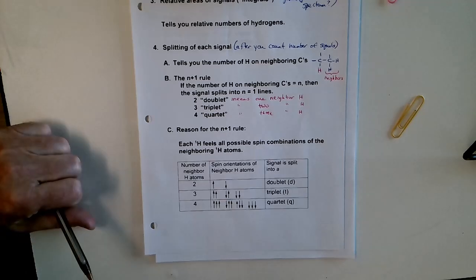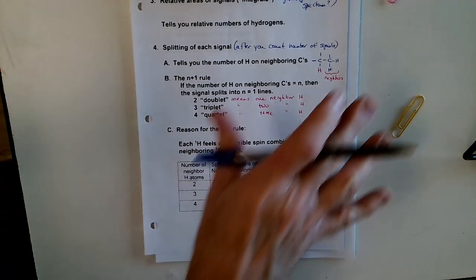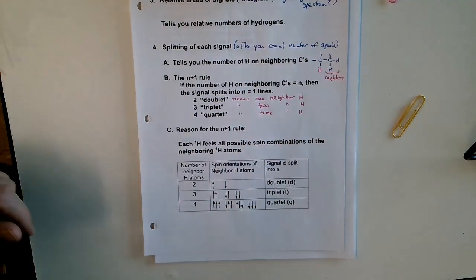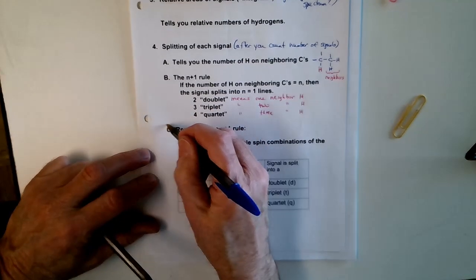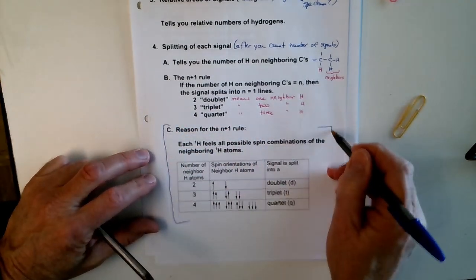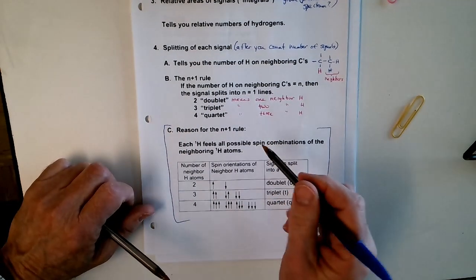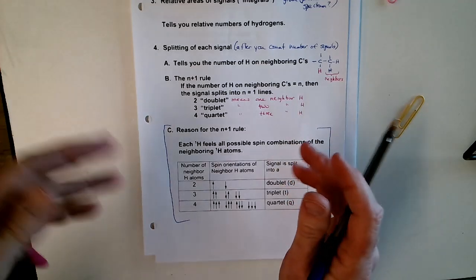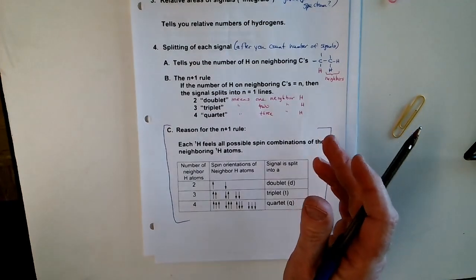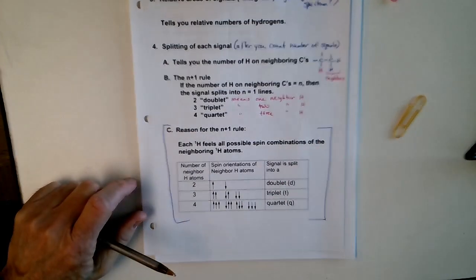All right, and we're going to use that. You probably won't learn a lot just by looking at the rule, but we'll use it. I'm going to say the reason for it is optional. You won't be quizzed on this, but I know for a fact that some of you like to have a few reasons so that you're not just memorizing, you kind of got a peg to hang your hat on here.